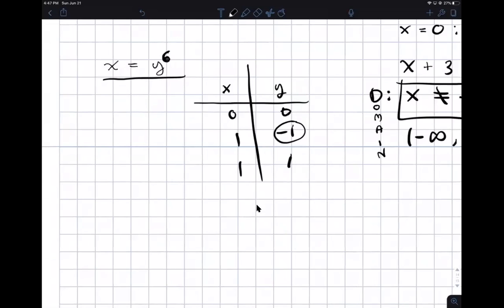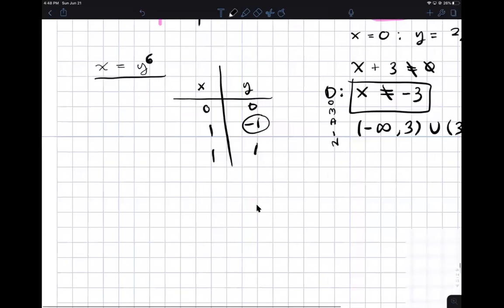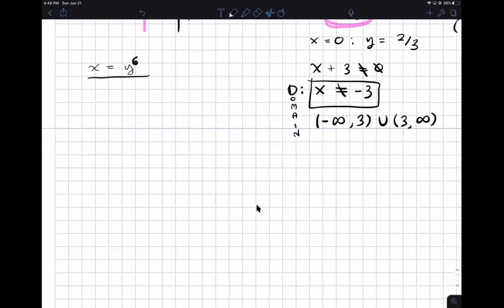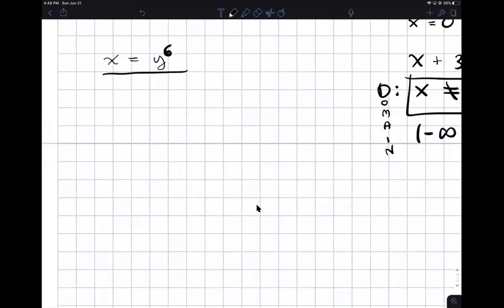Let me actually see what the graph would look like for this. I'll try to draw it if I can. Where's my graphing calculator? Okay, here it is. I think it's out of battery.